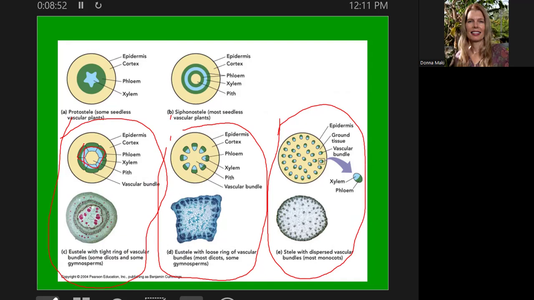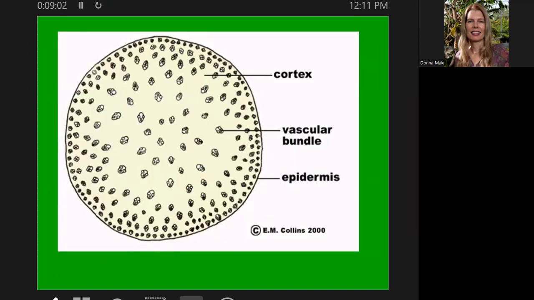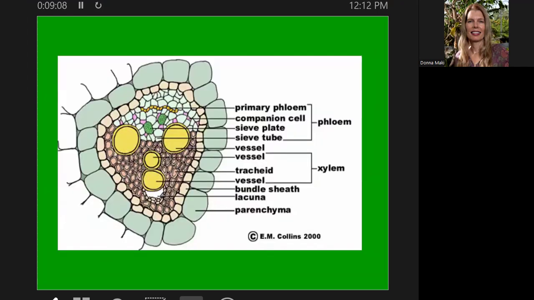And so when you look at the monocot vascular bundle, if you zoom into that, this is a mock-up of it, but doesn't that look like a face, a surprised face? And they can look like that under the microscope.